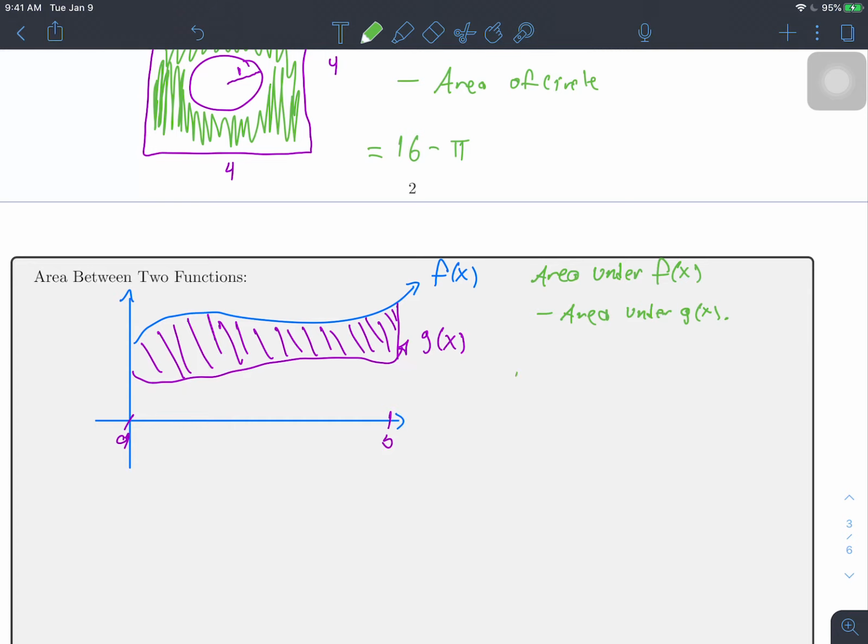How can we write that mathematically? What is the area under f of x from A to B? Yes, Yasmin? Integral from a to b of f of x dx minus integral from a to b of g of x dx. Very good.